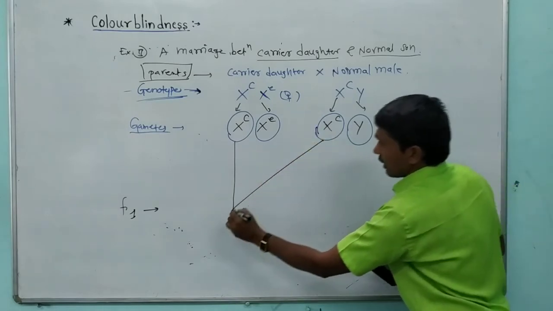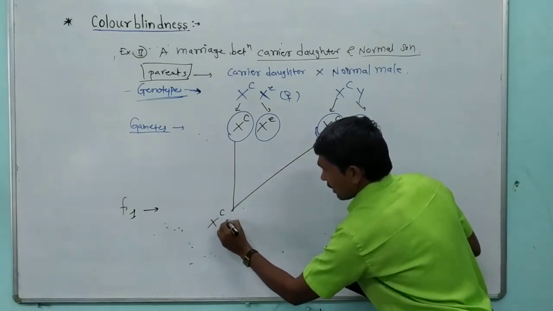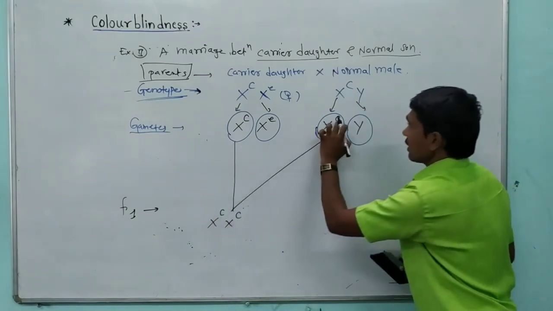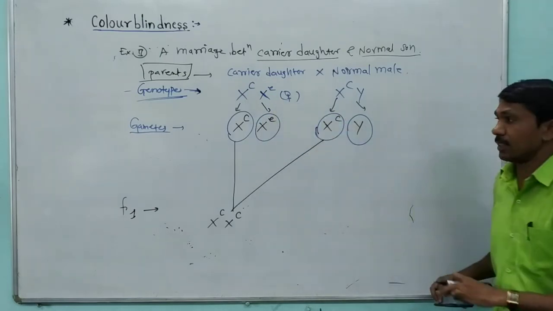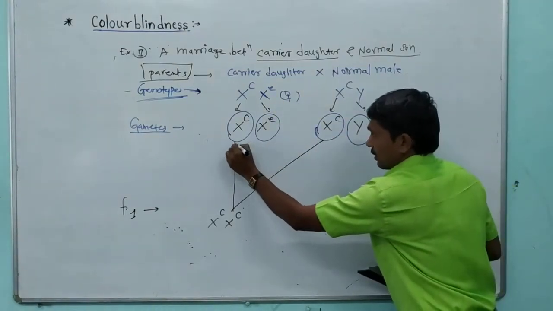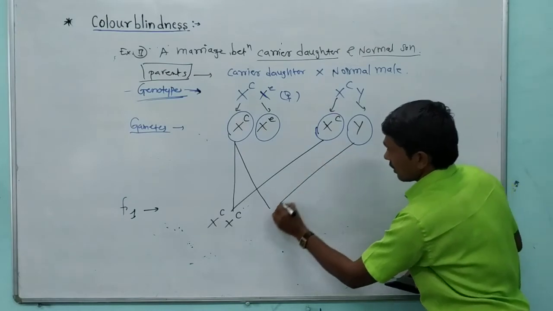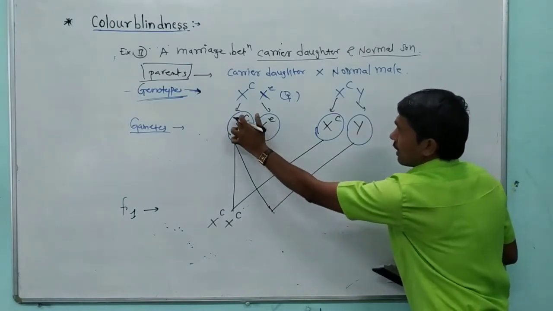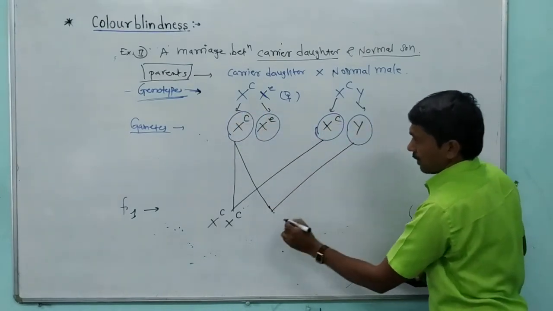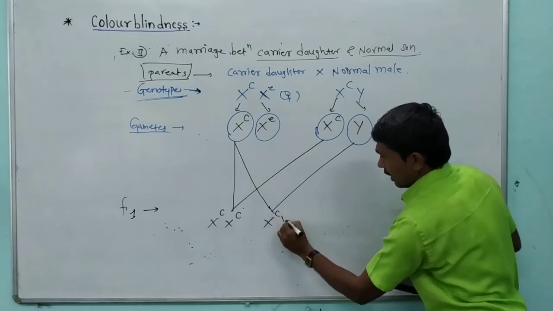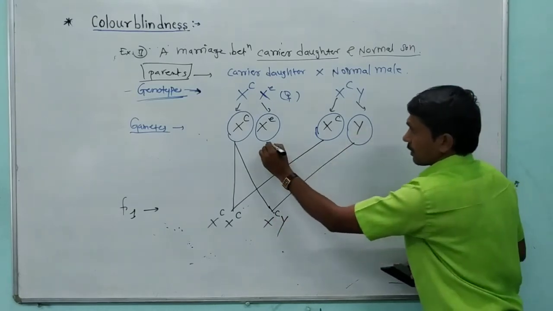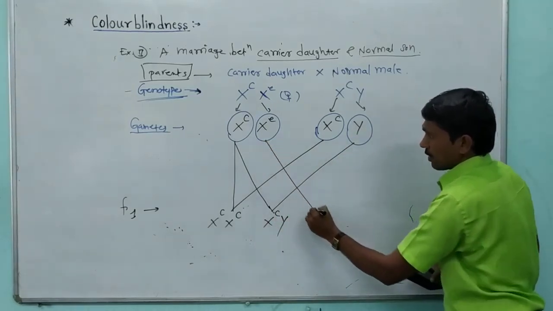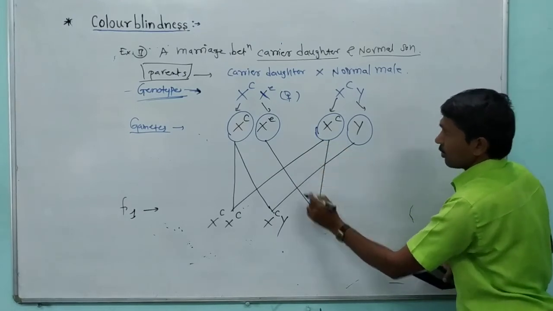First cross right there, XC and XC. XC, dominant characters. Okay. Then XCY. Okay. XC and Y. Then this cross. Okay.